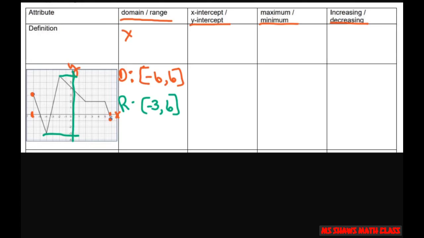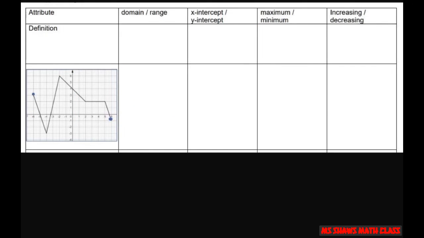All right. X and Y intercepts. Now the best way to get used to writing X and Y intercepts is when we're looking for the X intercepts, and it looks like we have 3. 1, 2, and 3 here. So look at that. What you're looking at is that's when Y is 0.